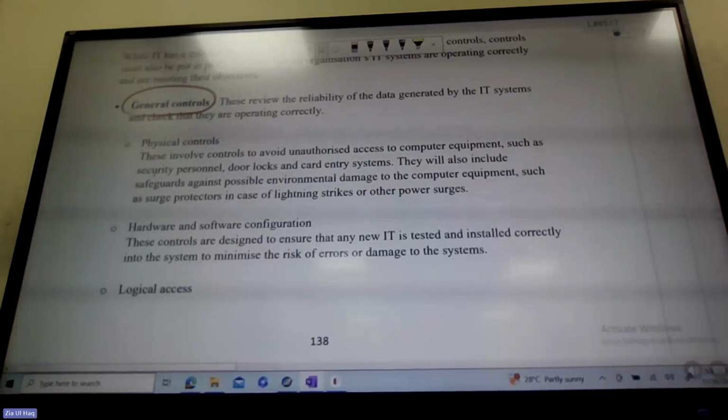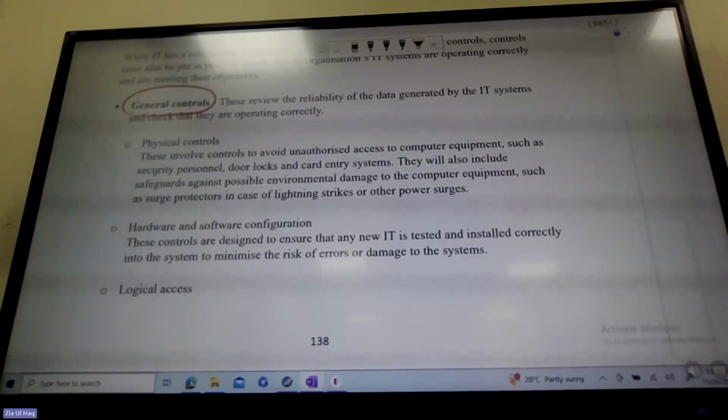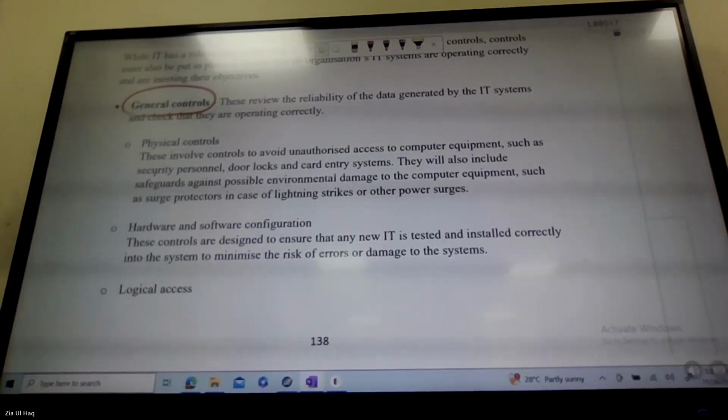General IT controls are controls that work in all types of organizations over the computerized system, so that the system usage should be fair. For the fair usage of the system, there should be some general IT controls so that the misuse of the system can be avoided.